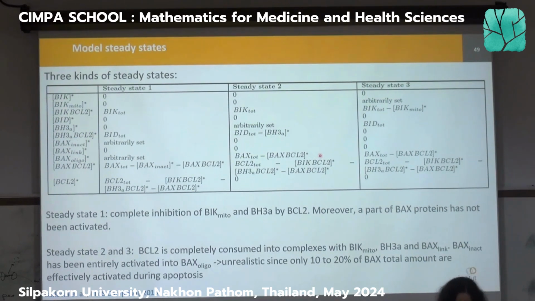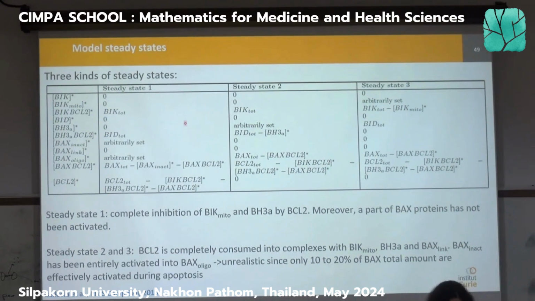So what we would like is some Bax inactive that will be non-zero, and this is not what we get in steady states 2 and 3. So this is why we think 2 and 3 are probably not realistic, or at least we don't get up to there in time. Something has happened before we reach that state in biology.